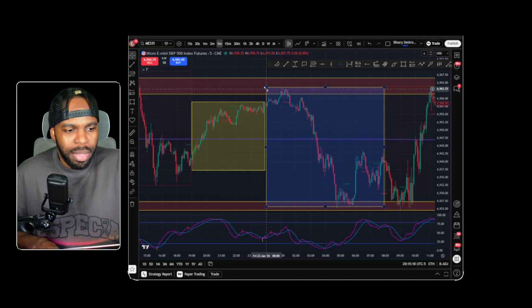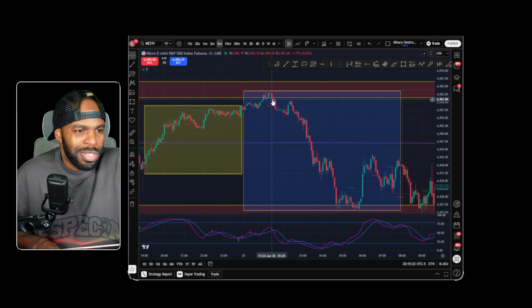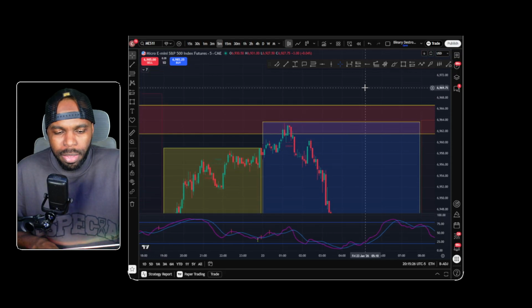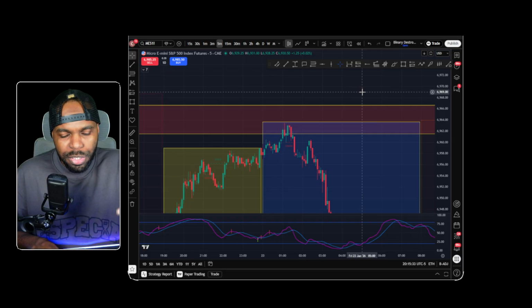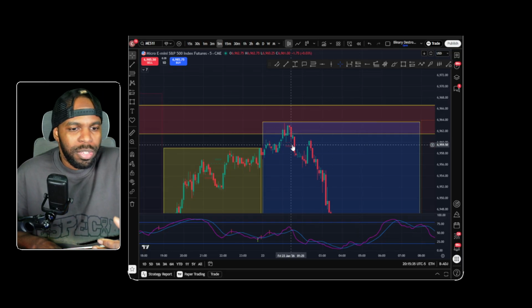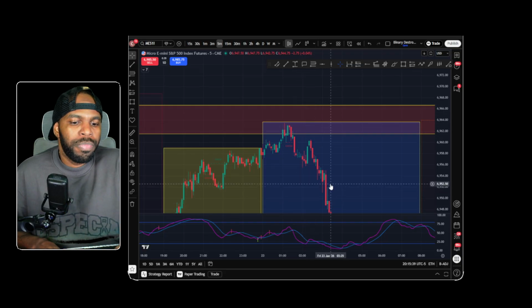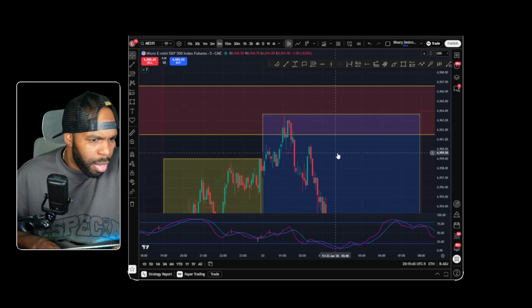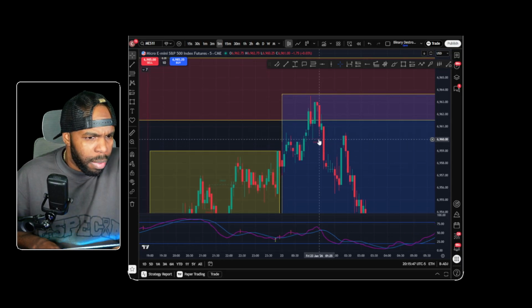Once price sweeps above the Asian session, I want to look for either a bullish fair value gap or a bearish fair value gap, depending on what direction I'm looking to trade. In this case, we're going to be looking to trade to the downside, so I want to look for a bullish fair value gap.